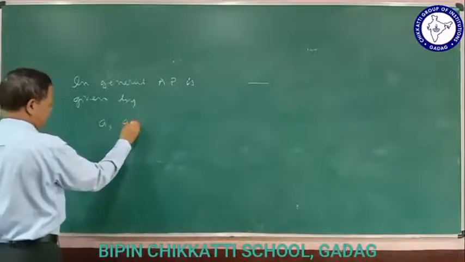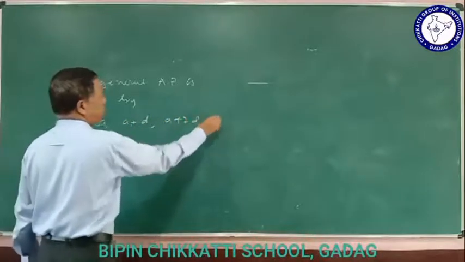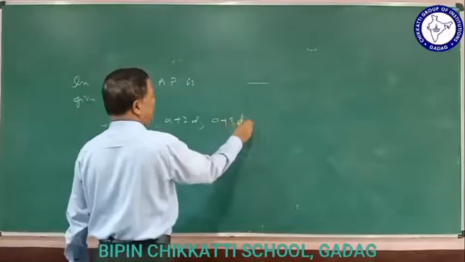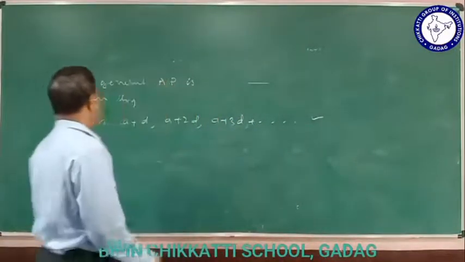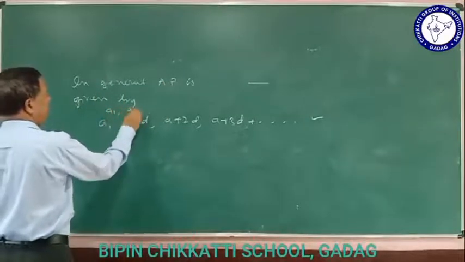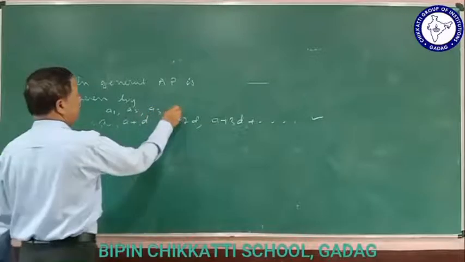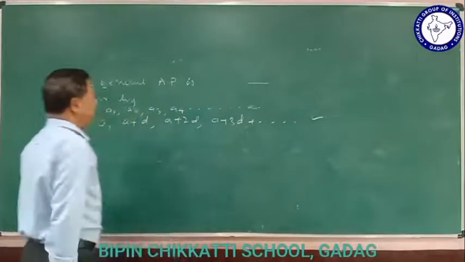A, A plus D, A plus 2D, A plus 3D, and so on. We want to see the nth term. Or in general, suppose A1, A2, A3, A4, this is an AP.